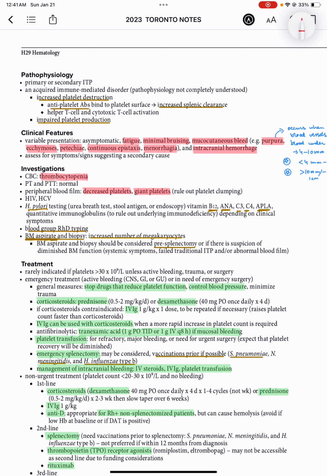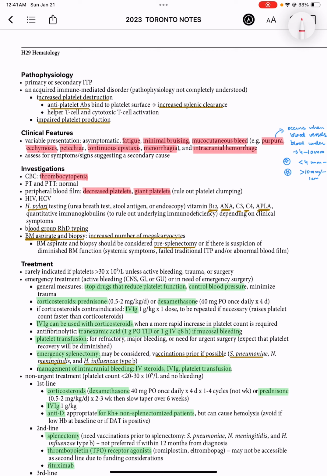How are you going to investigate it? In primary hemostasis problems, we know that the platelet count would be decreased and bleeding time would be increased, but PTT would be normal because it is not a coagulopathy. It is not involving the coagulation cascade. So there would be thrombocytopenia, decreased platelets, and we can also see giant platelets. And then we have to rule out the secondary causes, that if ITP is secondary to something, so we have to rule out HIV, HCV, H. pylori.